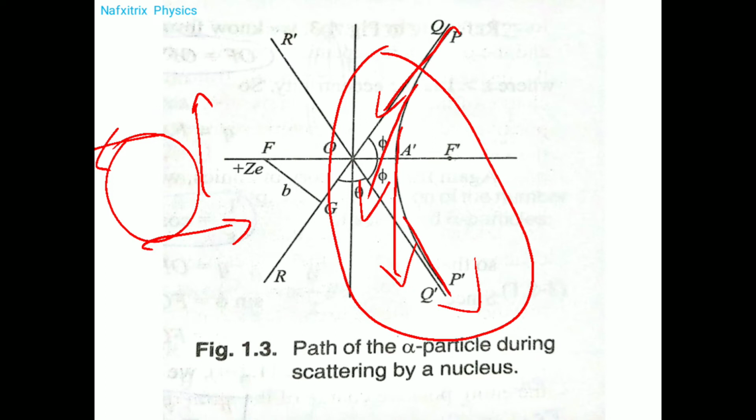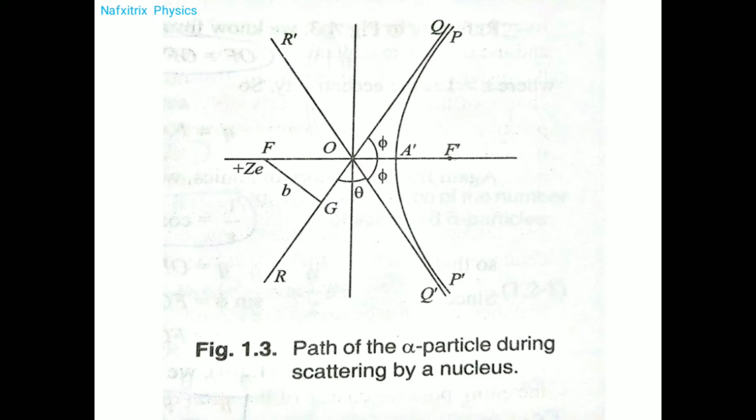Why it is changing its direction is because of the repulsive force. The nucleus is just opposing this alpha particle. It is just saying go away, because of its huge repulsive force. That's why the alpha particle is changing its direction frequently. That's why it has finally got this hyperbolic path, not this straight line path.